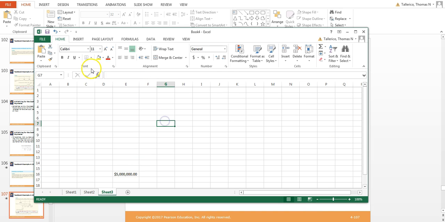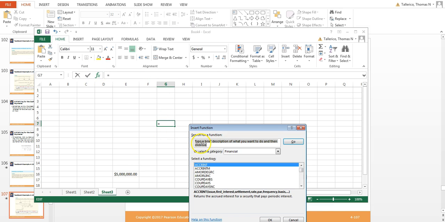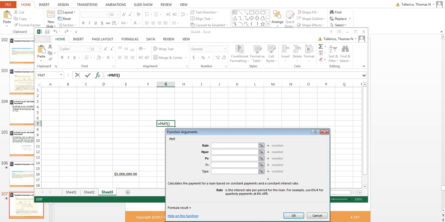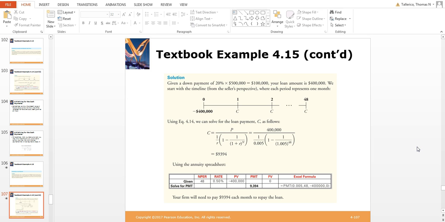I'll go to a new box here, and I'll type PMT and say go, and there's the payment function right there in Excel. So I say okay, and let me just get these numbers here again, and I'll pop them in. 48.5 and minus 400,000.